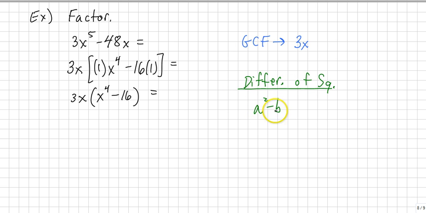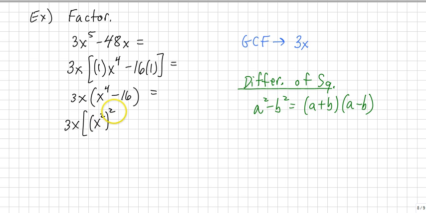The difference of squares was a squared minus b squared, which always factors into a plus b, a minus b. So for us, x to the 4th would be x squared squared, and then 16 is 4 squared. So this would be our a, and that would be b.